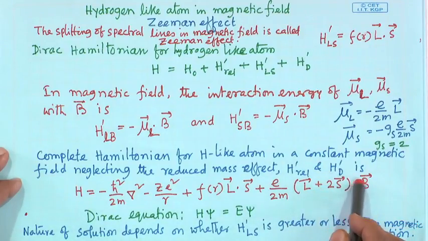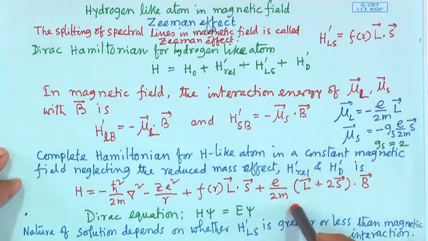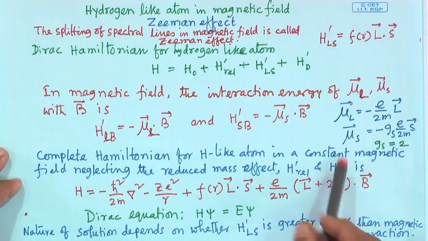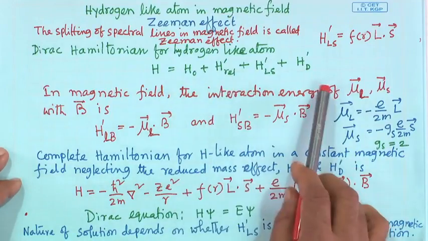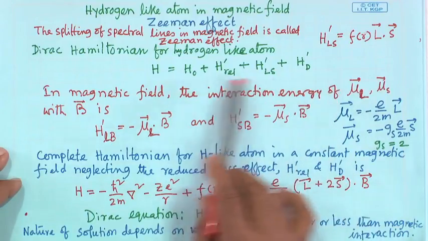Its strength is quite high compared to the relativistic term and the Darwin term, so we have neglected them.